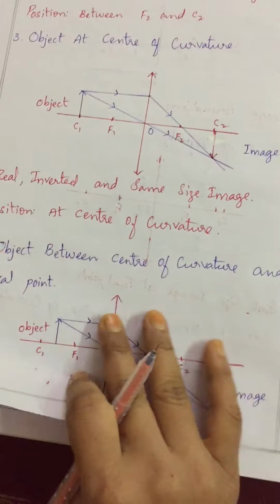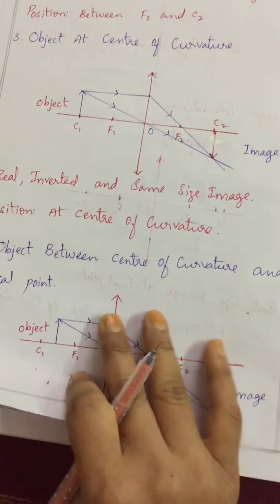Are you getting, children? The fourth is the object between the center of curvature and the focal point. This is the opposite of the second case. When we kept the object beyond the center of curvature, we got the image between the focal point and the center of curvature. Now in the fourth case we keep the object between the center of curvature and the focal point, so we will get the image beyond the center of curvature.